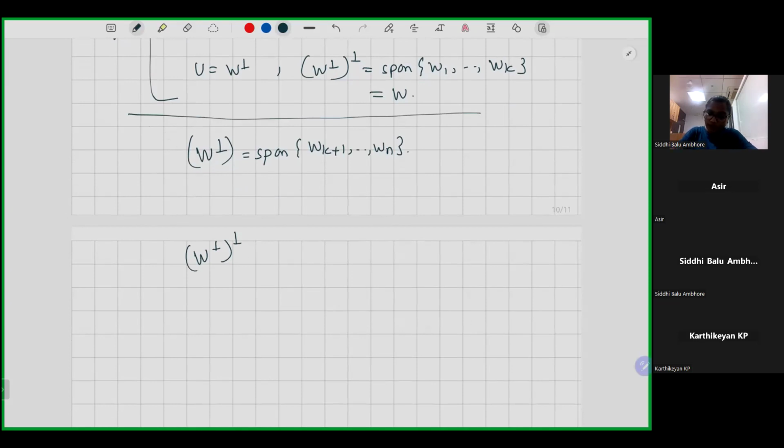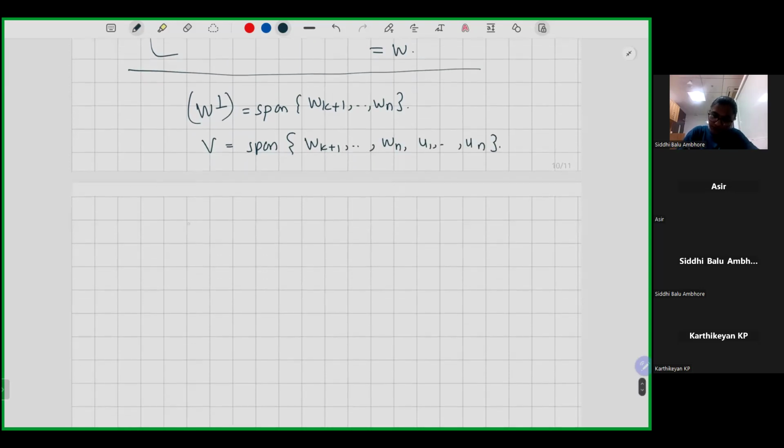So I will extend this to an orthonormal basis, the span of WK plus 1 to Wn, which will be U1 to Un. Then W perp is generated by the span of U1 to Un, right?